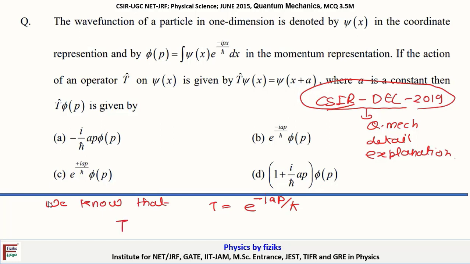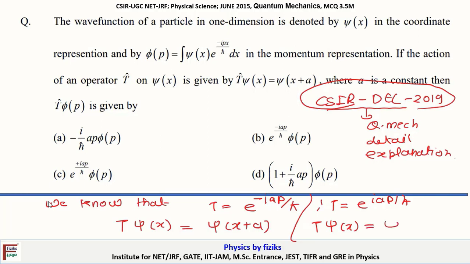When T is operated on psi x, it results in psi x plus a. If T has the form e to the power i a p by h cut and is operated on psi x, then that gives us psi x minus a.